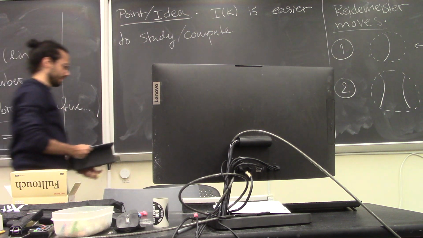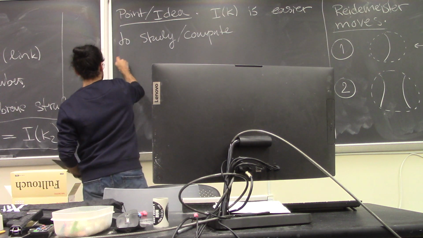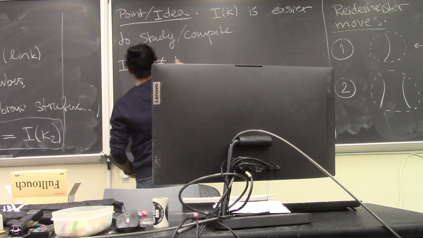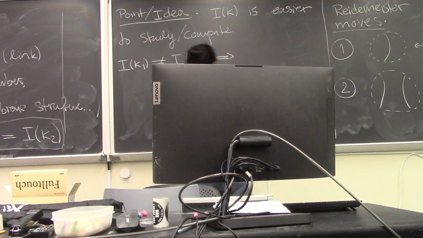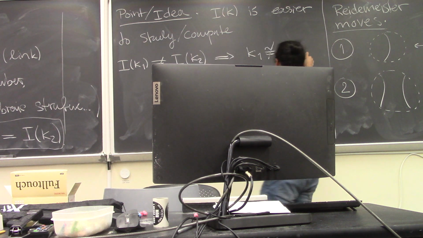So if I take the contrapositive, it says that if the invariants are different, then the knots themselves cannot be equivalent.